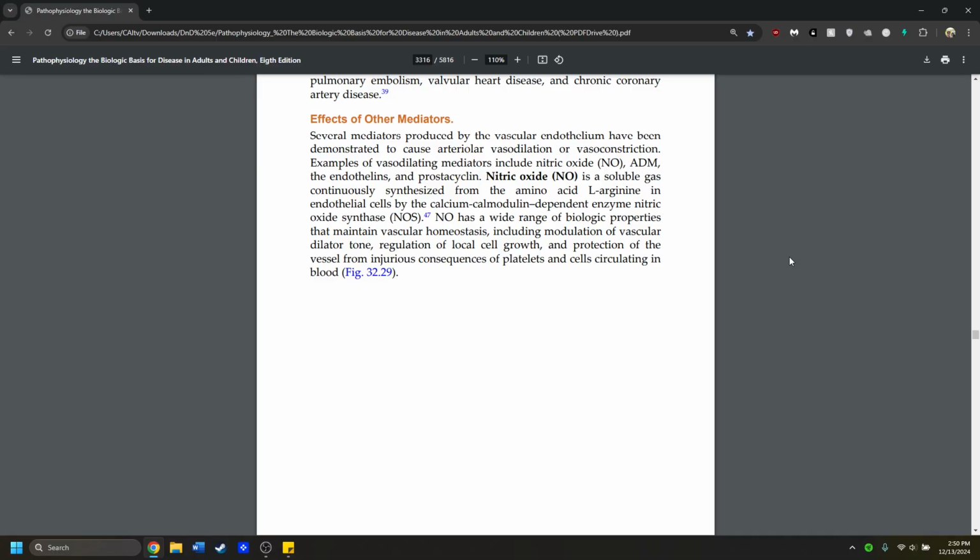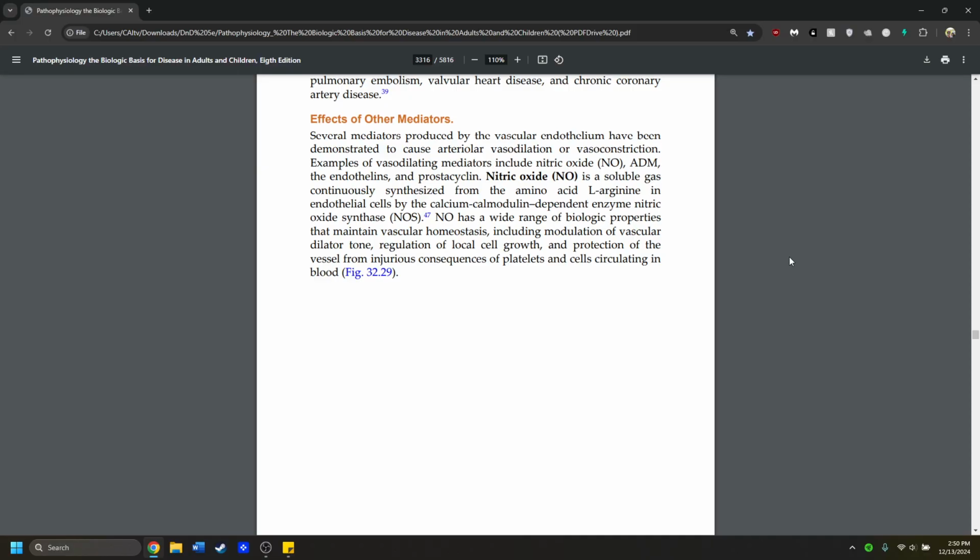Nitric oxide is a soluble gas continuously synthesized from the amino acid L-arginine in endothelial cells by the calcium-calmodulin dependent enzyme nitric oxide synthase.